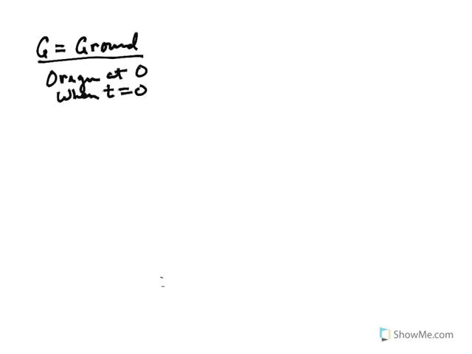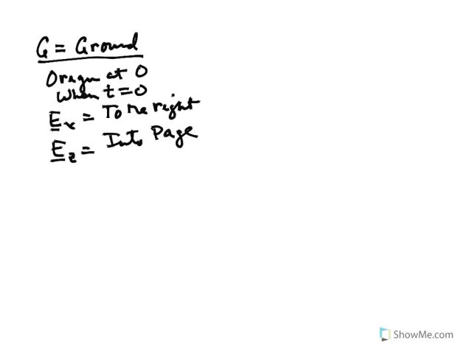I'm going to put EX to the right. And then EZ is going to be into the page. And then EY is going to equal EZ crossed with EX. The reason I put EZ into the page is because of the rotation of the disk.